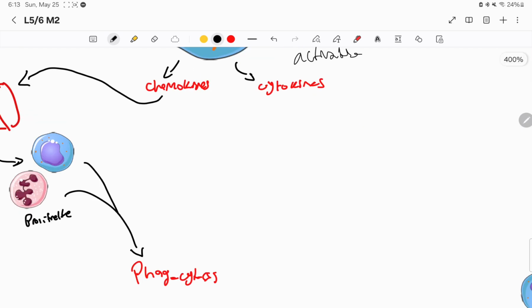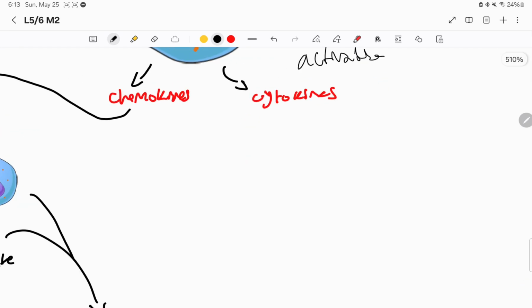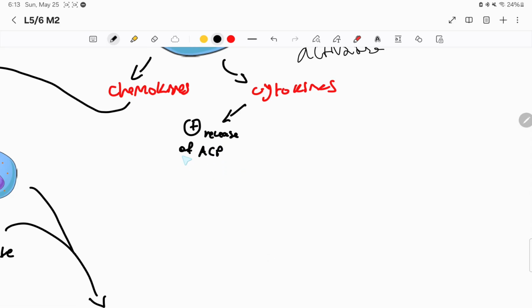Now, these cytokines, like I said, can directly kill the microbes, but depending on their level, they can do other things as well. They can stimulate the release of things called acute phase proteins from the liver. These acute phase proteins include complement proteins.